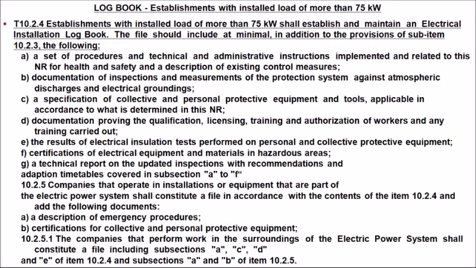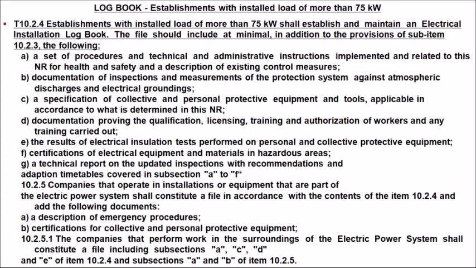10.2.5: Companies that operate in installations or equipment that are part of the electric power system shall constitute a file in accordance with the contents of item 10.2.4 and add the following documents. A. A description of emergency procedures.